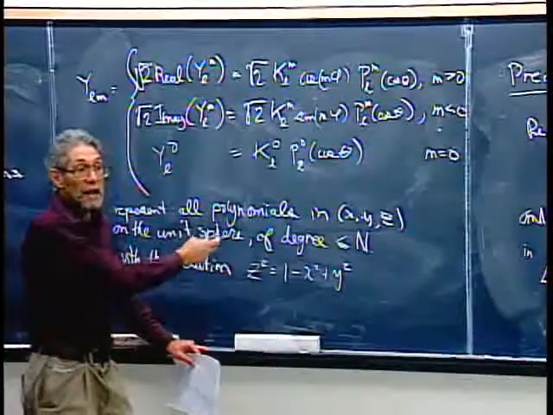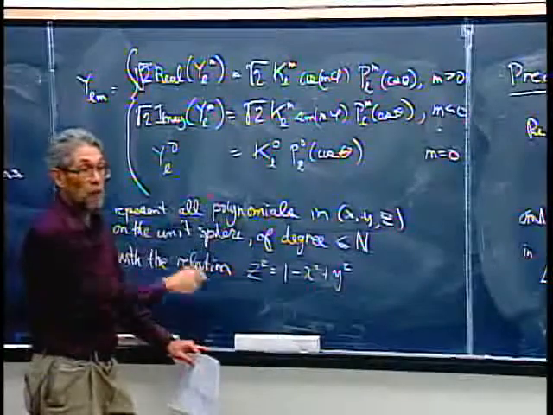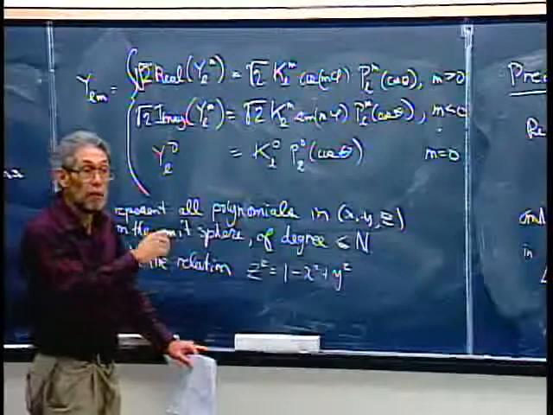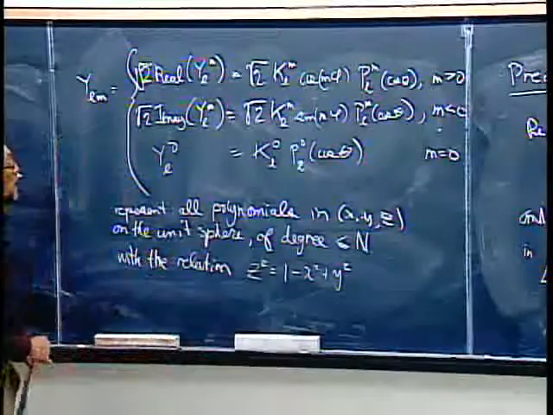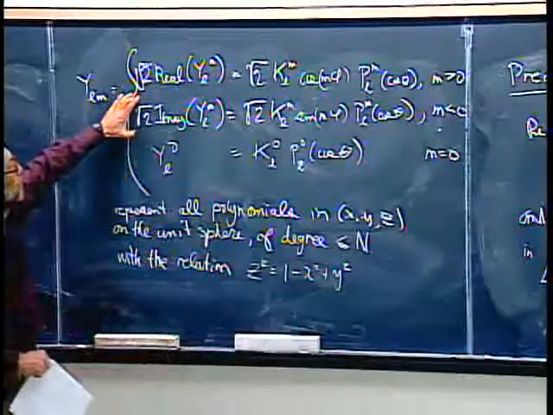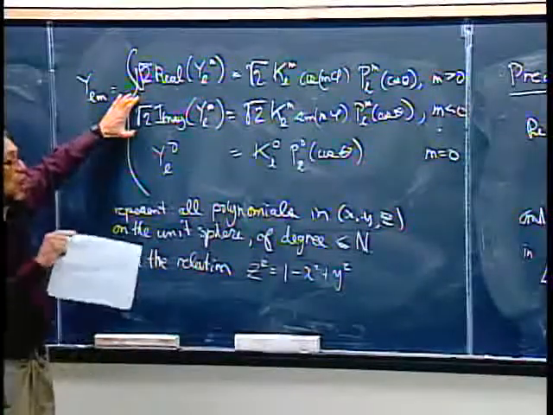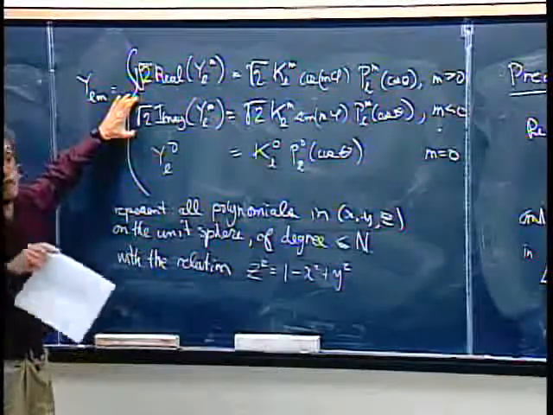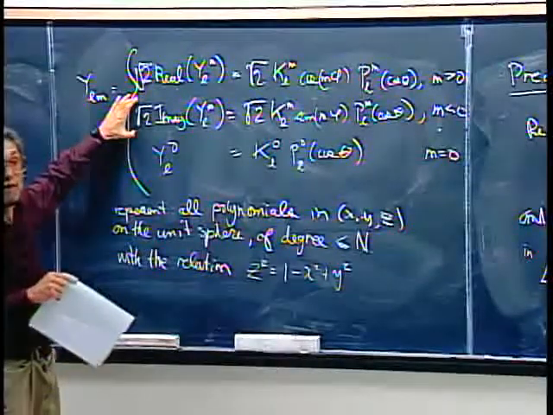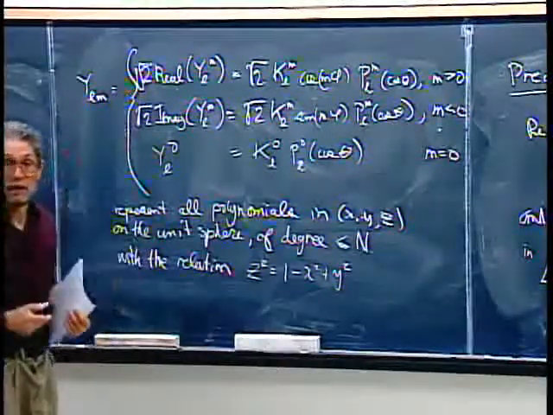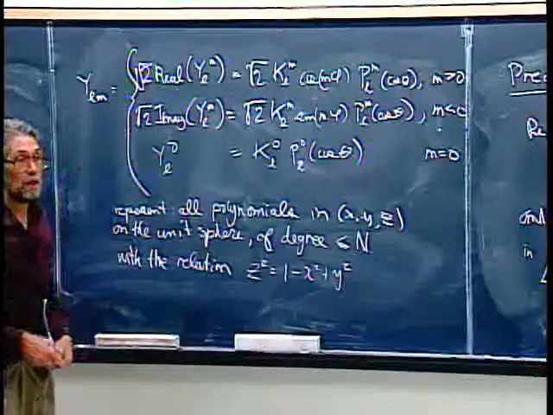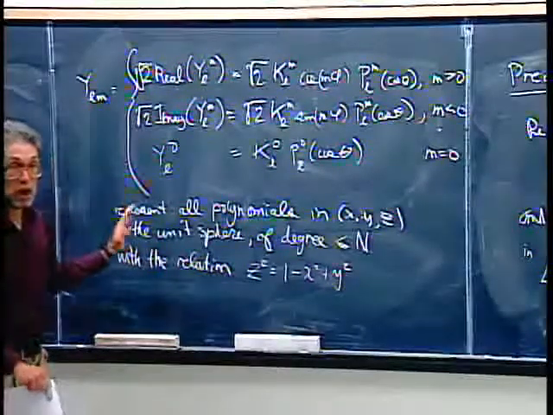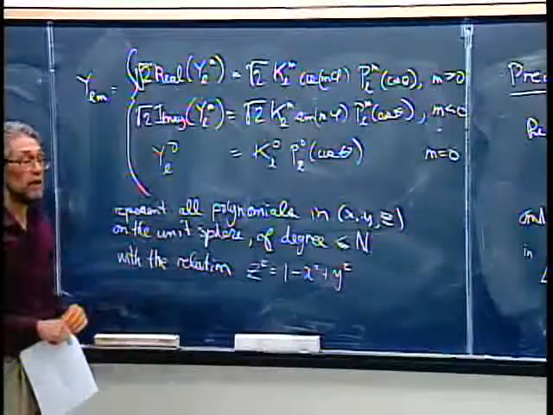And once you do that, if you start counting, there are actually n squared polynomials like that. They're simple polynomials in x, y, and z, but this is the way they're defined, because the power basis of polynomials 1, x, x squared, they're not orthogonal. But by reorganizing them, maybe doing Gram-Schmidt or something, you can turn it into an orthonormal set of polynomials, and this is one way of doing it.